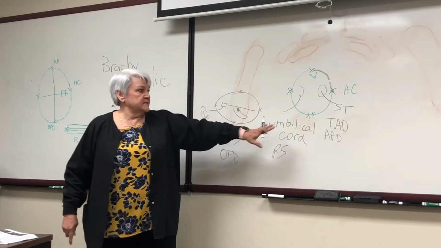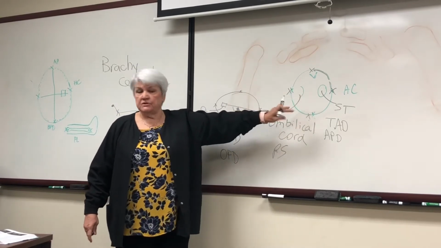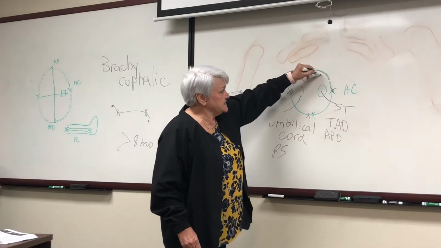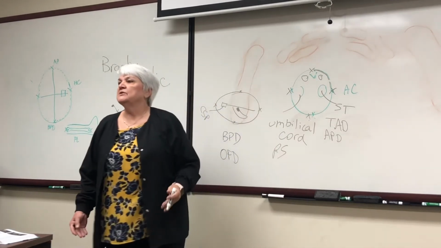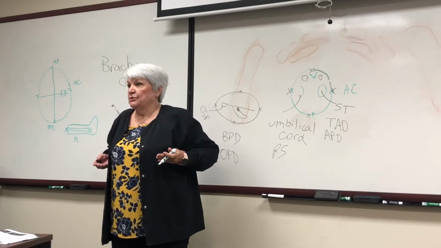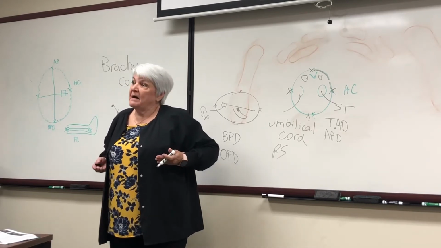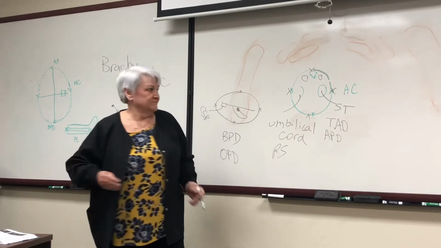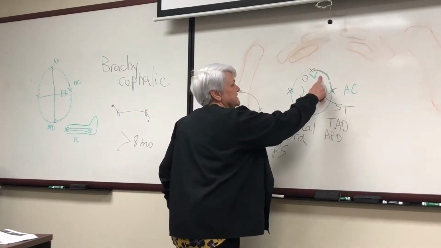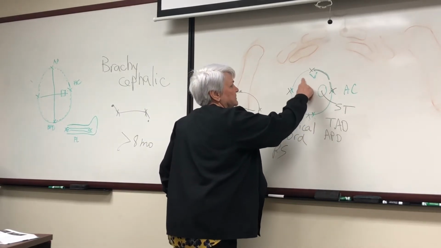Okay, this is what you want to see in the image. If you see kidneys, you need to come up. You're too low. If you see bladder, you need to come up. You're too low. You never want to see kidneys or bladder.